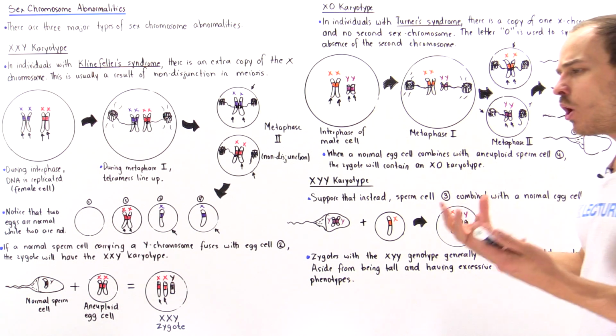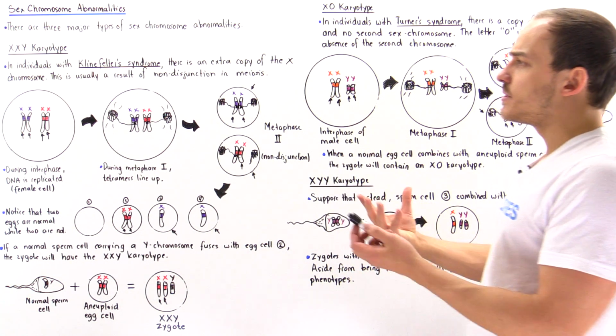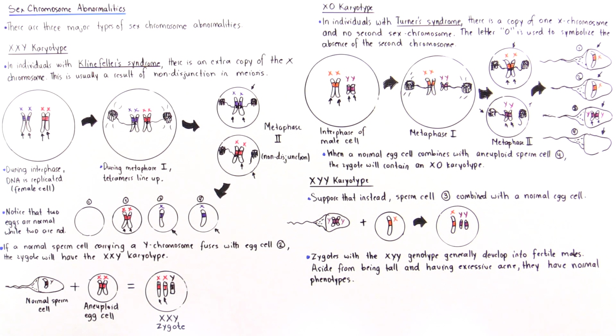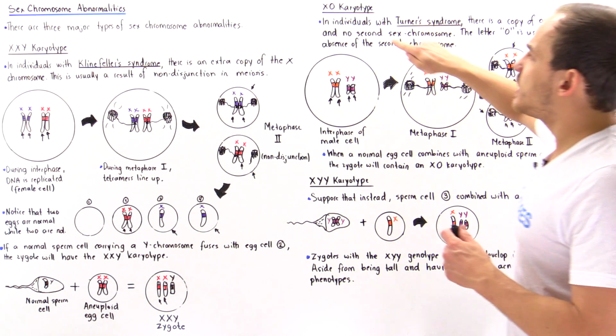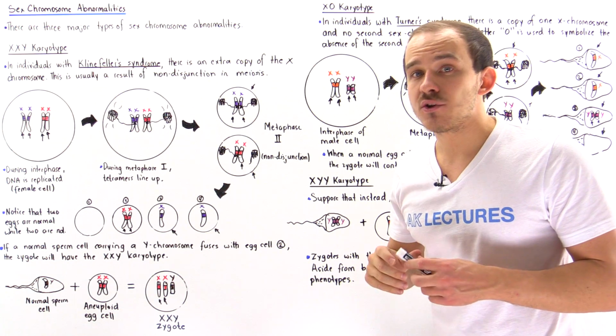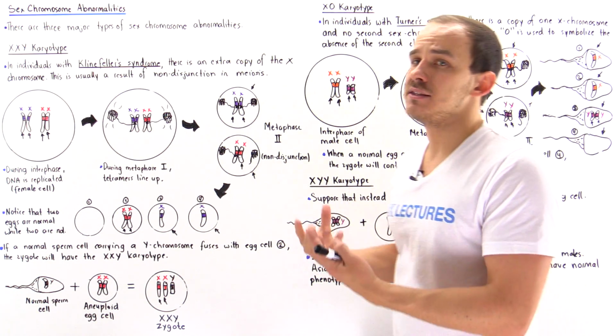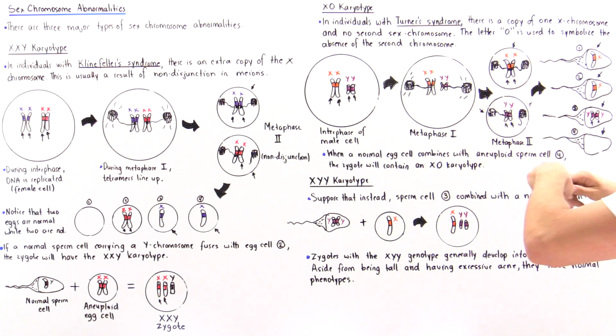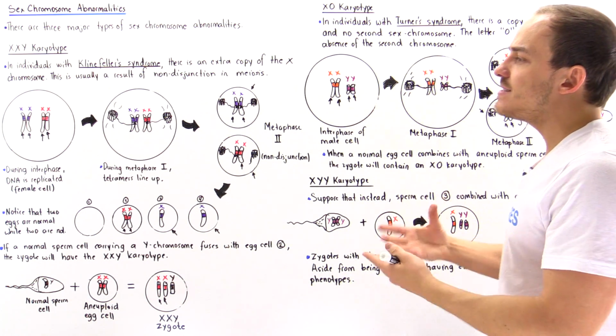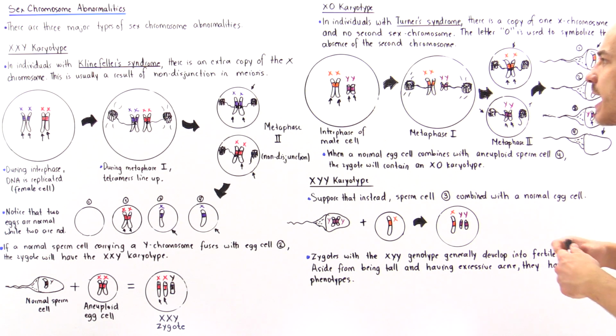Now, what are some of the symptoms of this particular syndrome? Well, notice that because we don't have a Y chromosome, and the Y chromosome is needed to develop a male individual, these individuals with Turner syndrome basically develop into females.